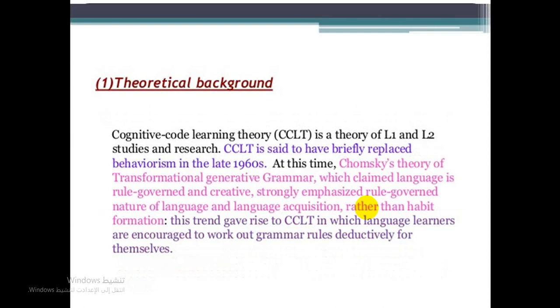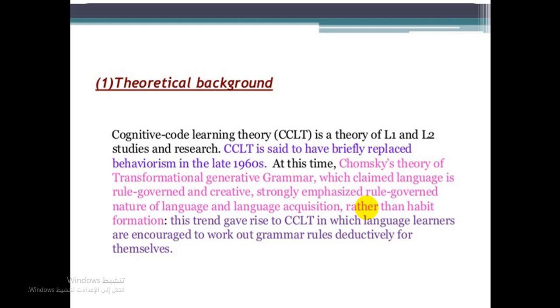Chomsky was the man who revolutionized linguistics. He turned linguists and language teachers toward the deep structure of language, language structure, and the development of a second language as a combination of skills.